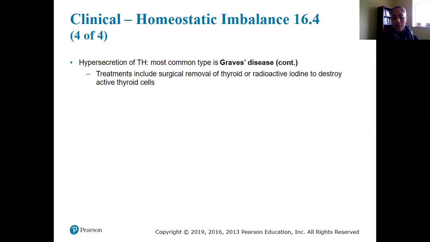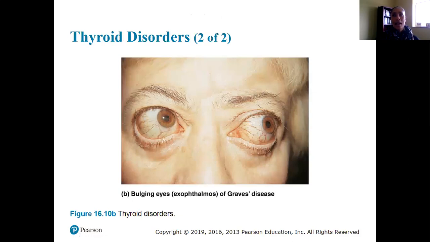So there are treatments available for an overactive thyroid gland that's producing too much thyroid hormone, but there's no 100% guarantee that these treatments will be able to cure you from that disorder.